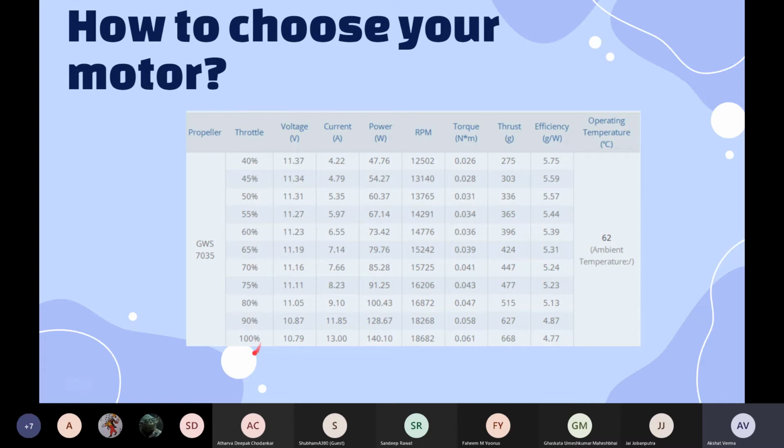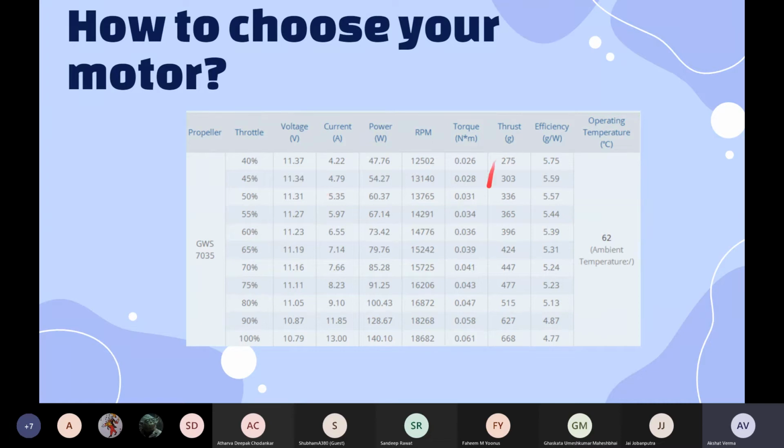If we use the motor at about 90 or 100% throttle, there is quite a possibility that the motor will be damaged. So it is not advisable to operate a motor at about 90% or 100% throttle. We need to keep that in mind. So what we generally do is take the range of 50 to 60% throttle for our motor to function properly and to avoid any damage to the motor.